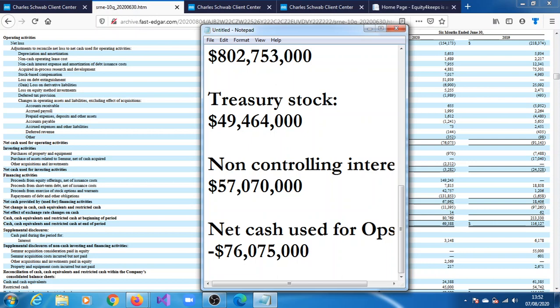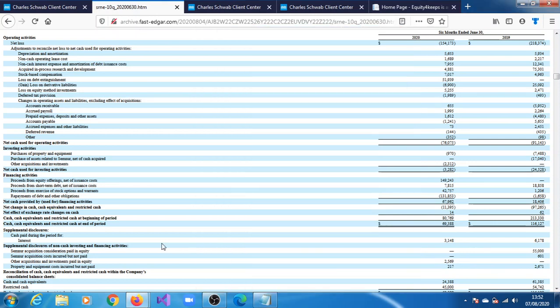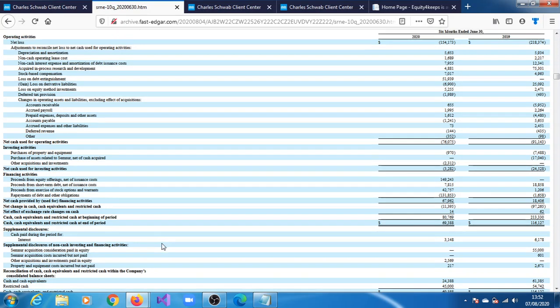So we're going to find out other interesting figures, because this is the cash flow statement. It tells a lot about certain transactions.